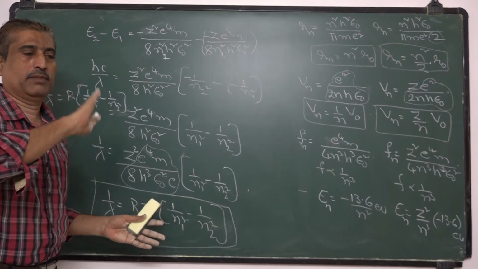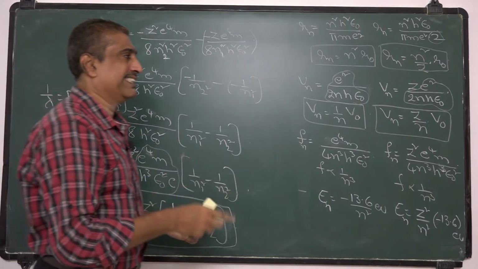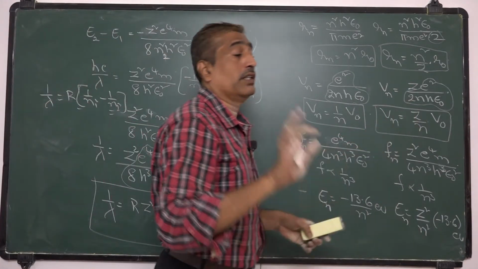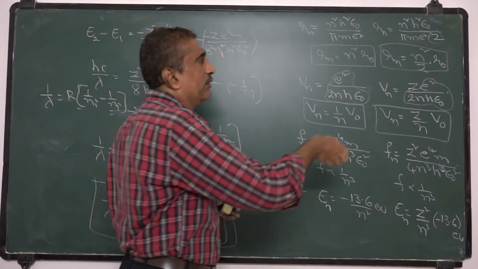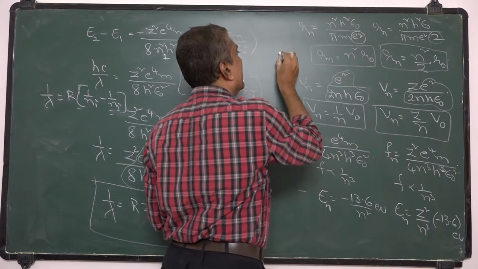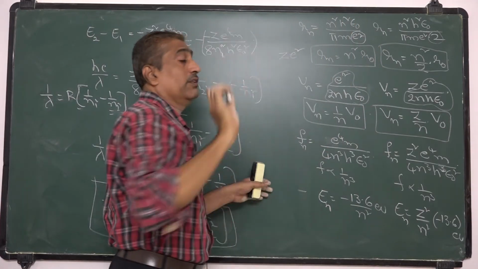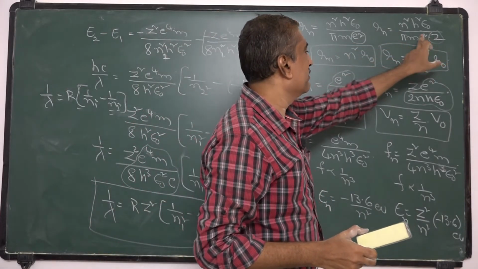That means an atom with an electron revolving around a nucleus having Z number of protons. One thing you have to remember is, whenever you get the term e square, in that place you have to replace it by Z e square.